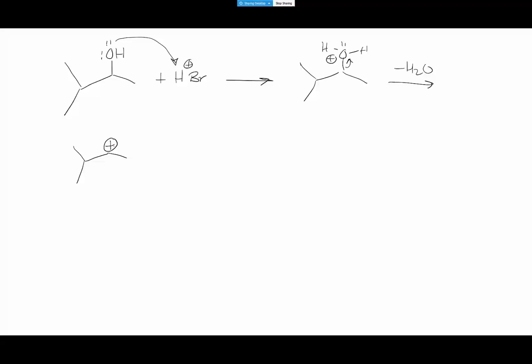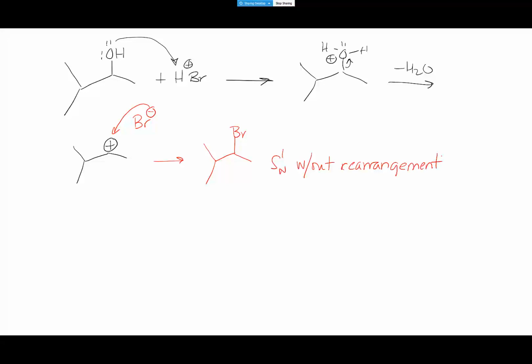You can do the SN1 where you add the bromine to that. Yeah, but if I add the Br minus to this one right now, then what I just did was the SN1 mechanism without rearrangement. And that's not what I'm asking for.